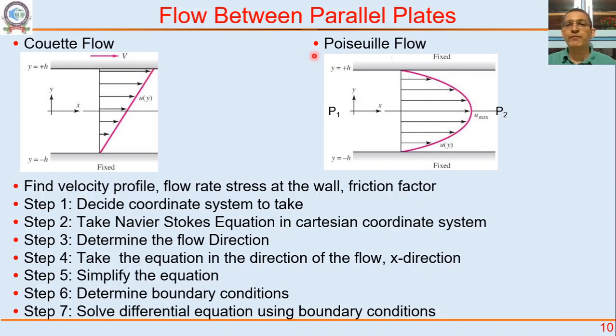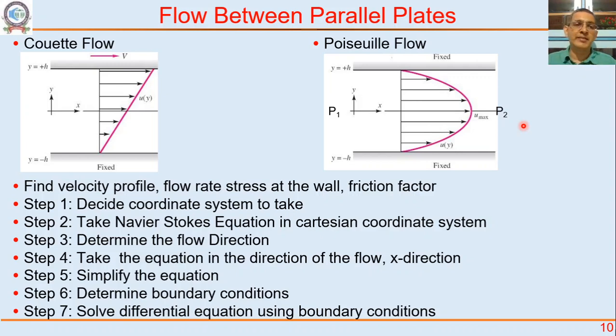Example of Poiseuille flow: if I want to make a polymer slab, I will have a molten polymer between the two plates, apply a pressure gradient, polymer will flow, and when it comes out, I quench it, the polymer solidifies, and we get a slab of the polymer. That's how polymer bags are made. Then you chop them and blow them, and you get a bag of polymer.